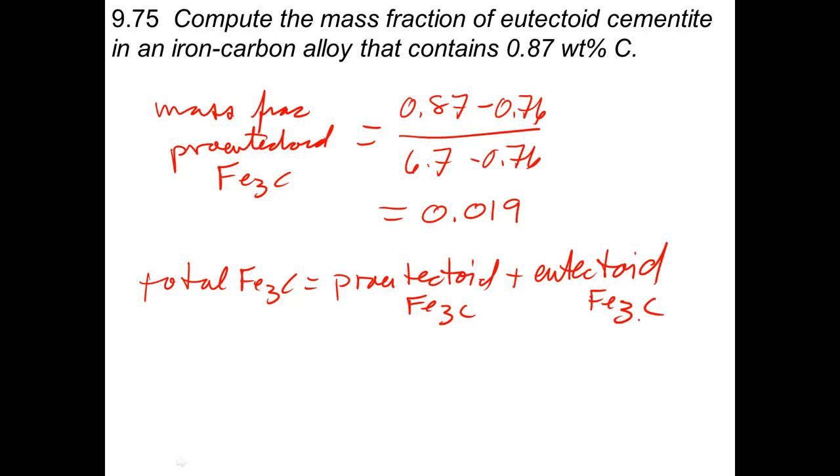And recognizing that the total cementite is comprised of pro-eutectoid and eutectoid cementite, I can go ahead then and rearrange that equation to allow me to calculate the mass fraction of the eutectoid.